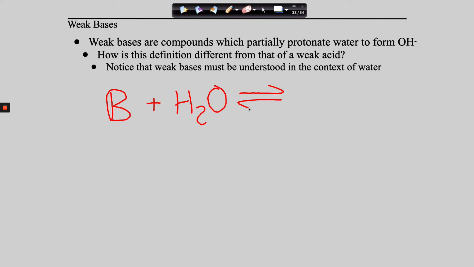When B acts as a base towards water, what's it going to turn into? What do bases do? Take in hydrogens. So this is going to be HB, not an R. This is going to be HB. But what's its charge? Positive, because it took in a proton. And then remaining is hydroxide.